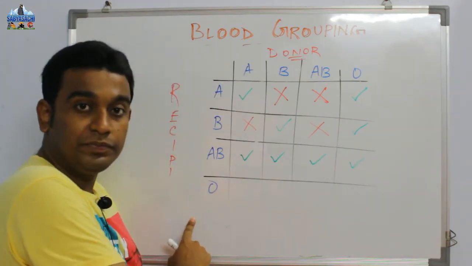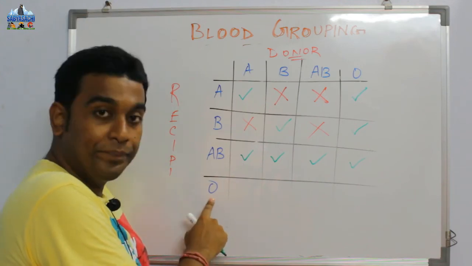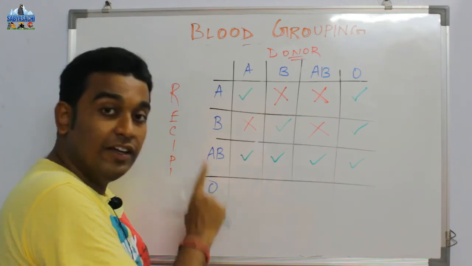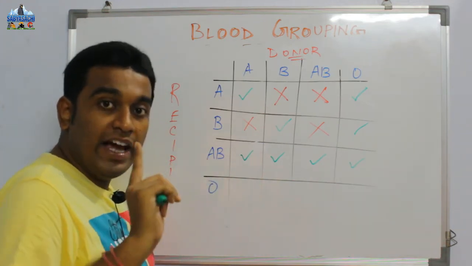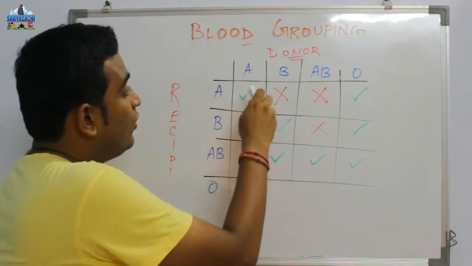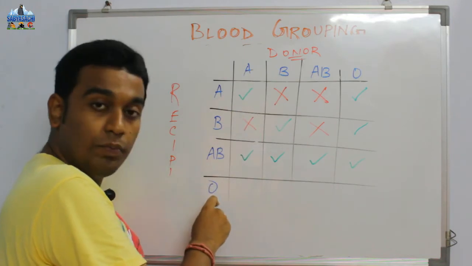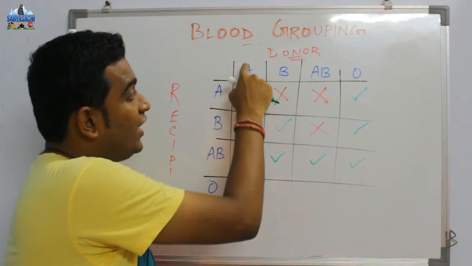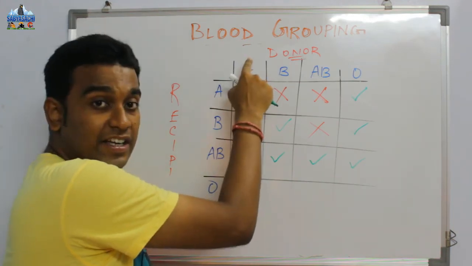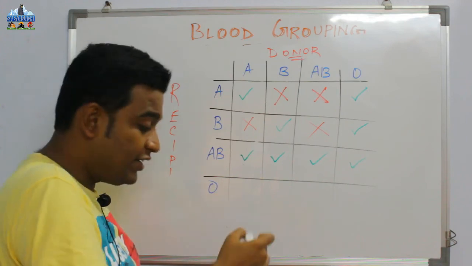O blood group. Now here what happens? If it is O, that means it is having both the antibodies, anti-A antibody, anti-B antibody. Now if you are giving A blood to the O blood group person, so against the A antigen you are having one antibody, anti-A antibody, right?